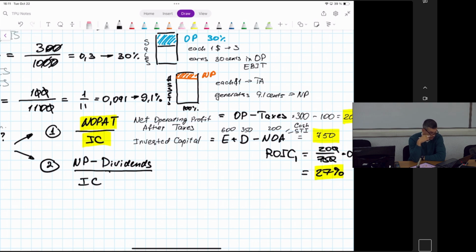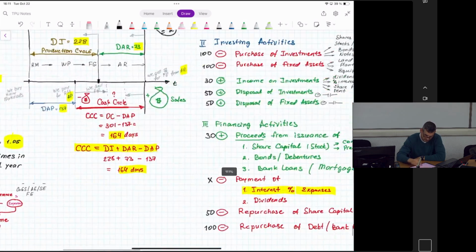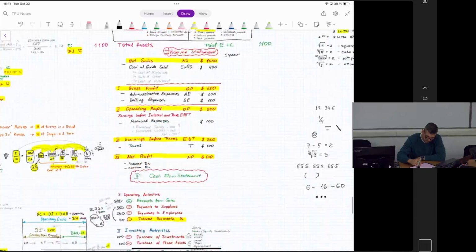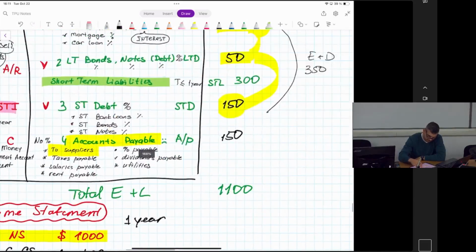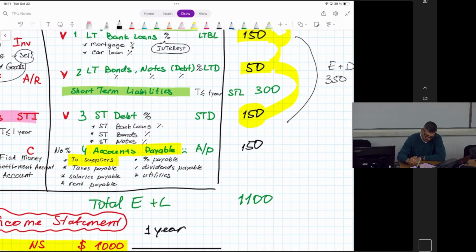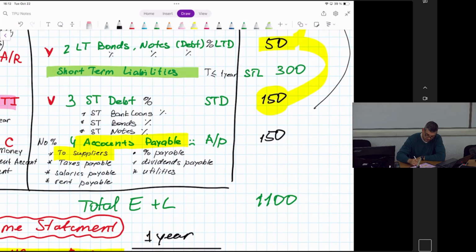And usually these dividends are hidden over here in the balance sheet. We have dividends payable, see down below in accounts payable, there is to suppliers, taxes, salaries, rent, interest payable, dividends payable.